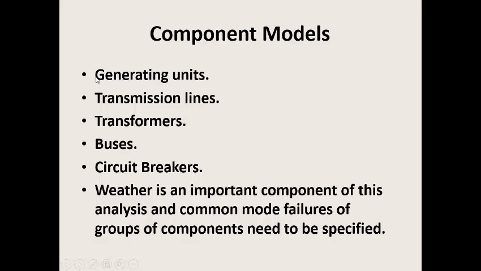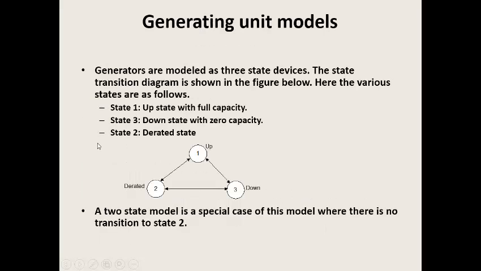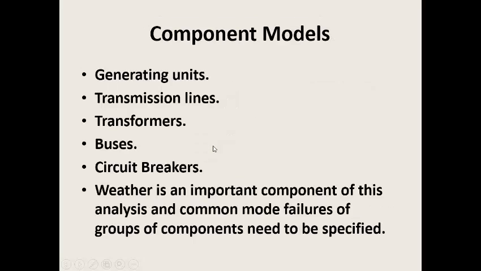These are generating units, transmission lines, transformers, buses, circuit breakers, and weather is an important component because the transmission lines are exposed to the weather, and also the common mode failures of the transmission lines especially are important.